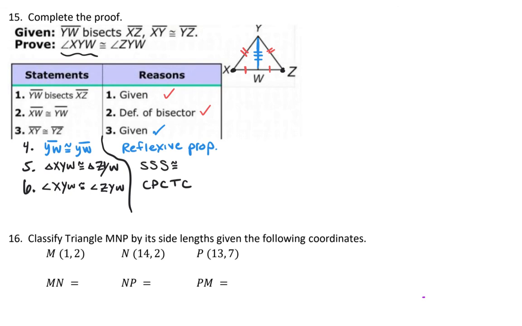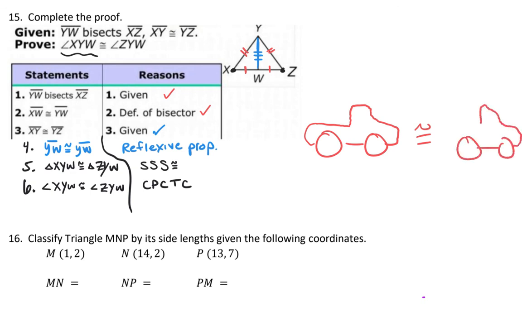Just like when I said, hey, we got this truck over here, and it's congruent to this truck over here. Oops, don't judge me. So if those 2 trucks are congruent, then all their parts are the same. Their wheels are the same.